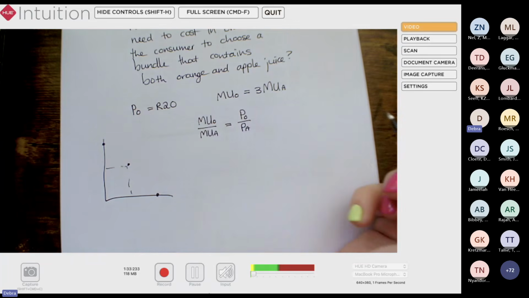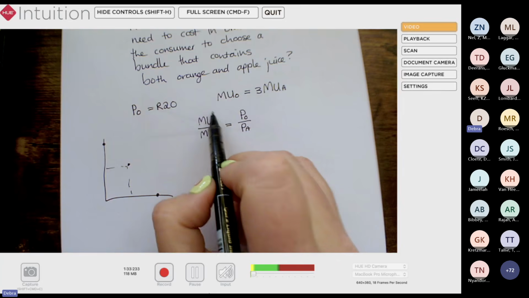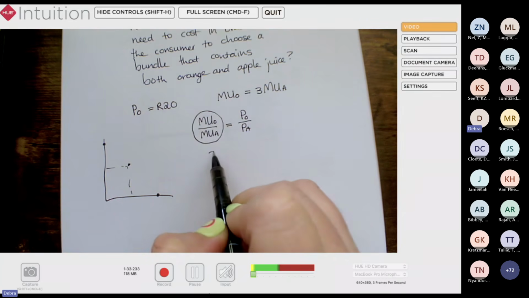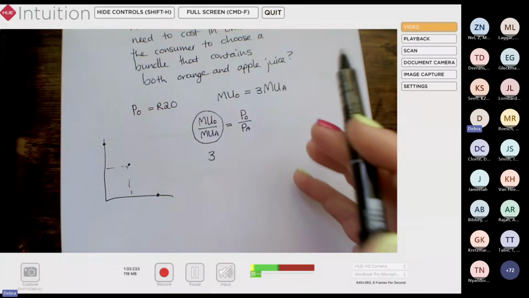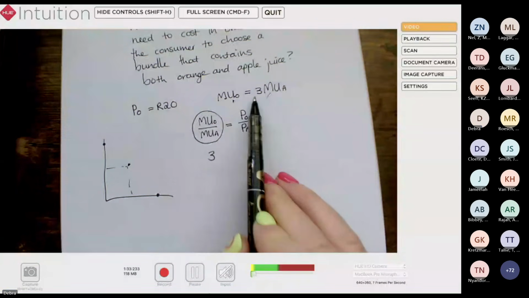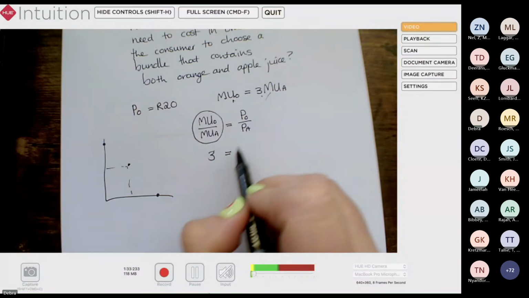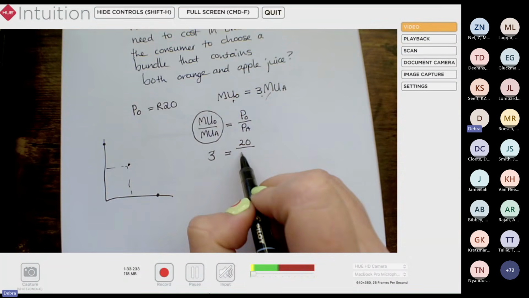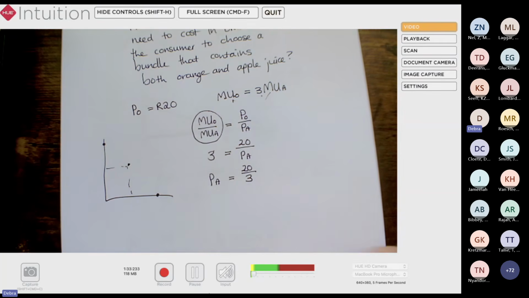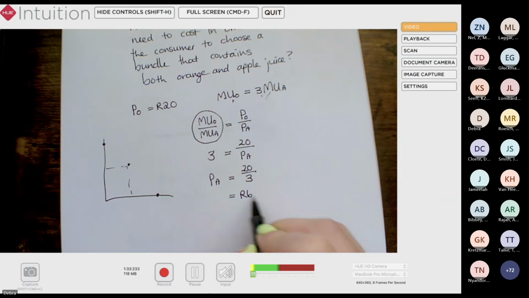That has to be true. This is 3. Because if I take marginal utility of A over to this side of that equation, I get MUO over MUA equals 3. So 3 must be equal to 20 over the price of A, which means that the price of A must be 20 over 3, which means that the price of A must be 6 Rand 67 cents. Awesome question. Love that question.